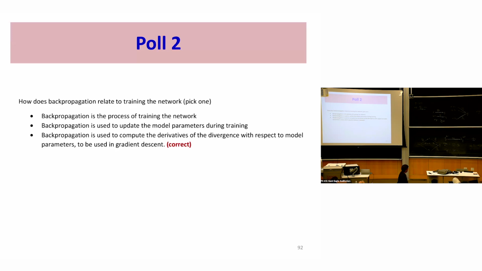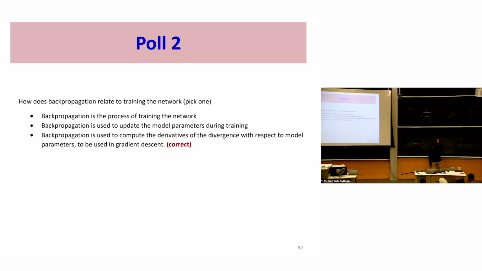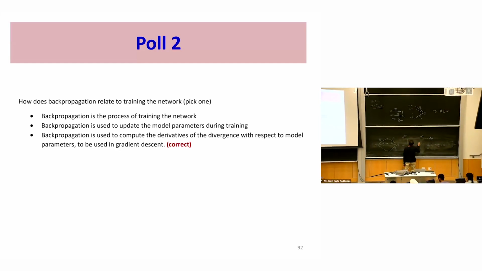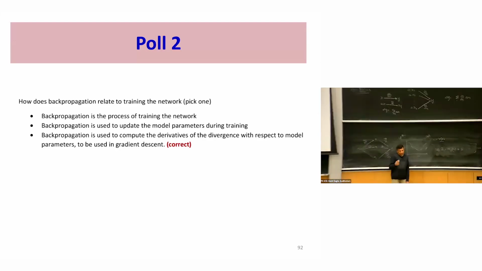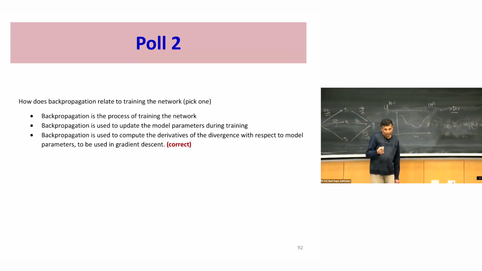So if you think of it this way, let me draw my loss function as a function of the weight. So this is my weight, any weight, and this is my loss. My loss is going to be some funny curve. At one point, we really need to know where we are.